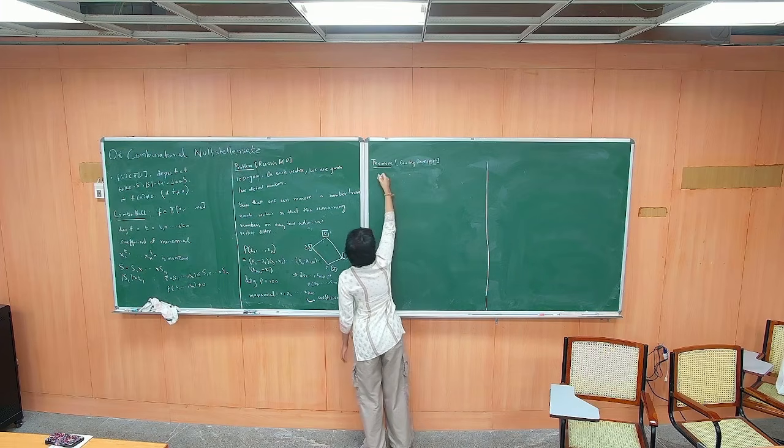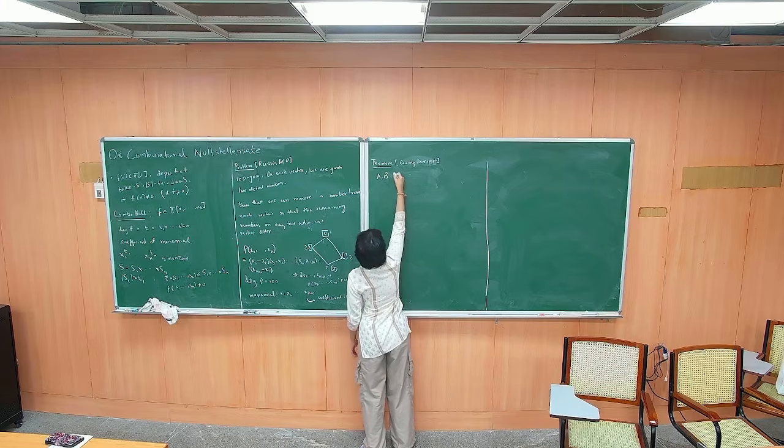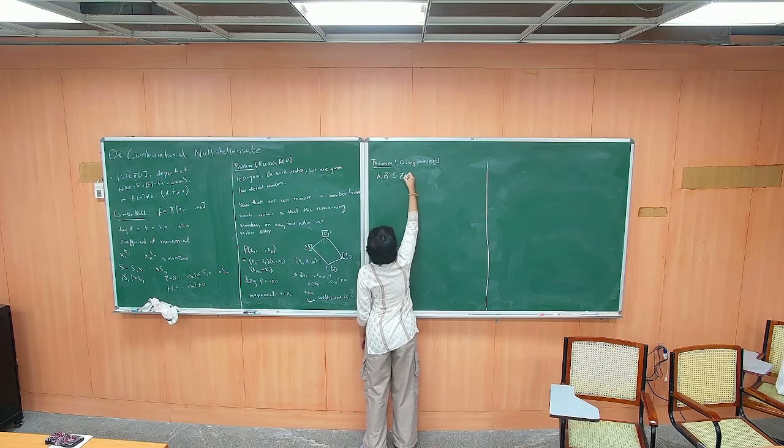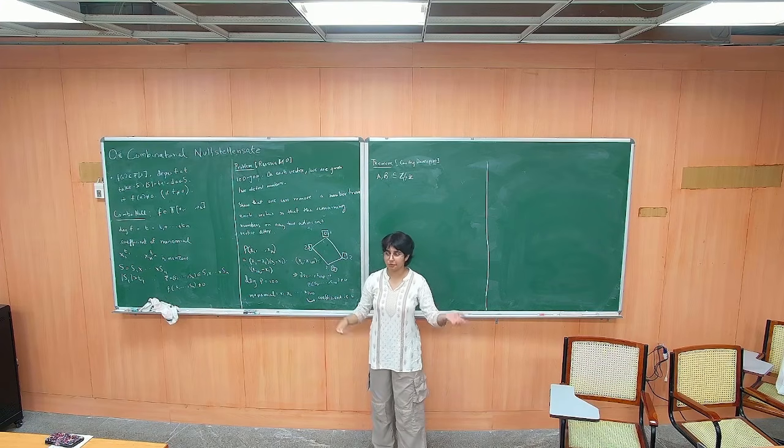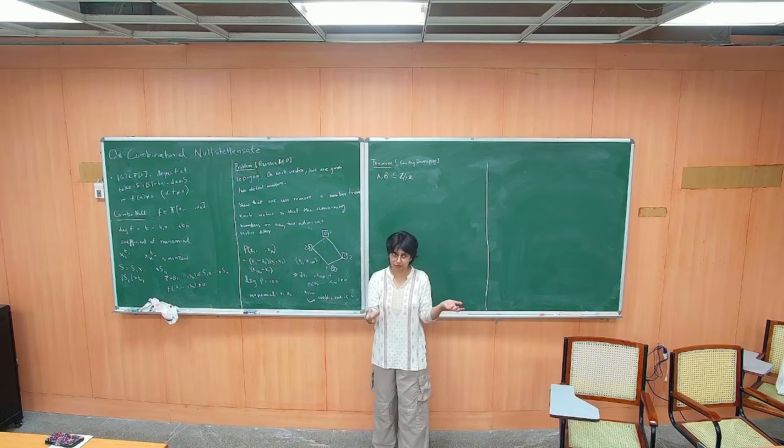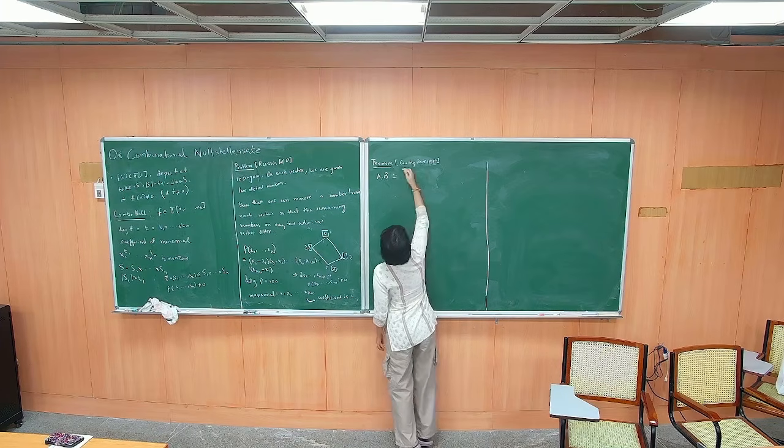So say I have two subsets A and B, and they are subsets of Z mod pZ. So they are subsets of F_p. So they are numbers of the form 1 mod p, 2 mod p. Everybody is fine with F_p, right?